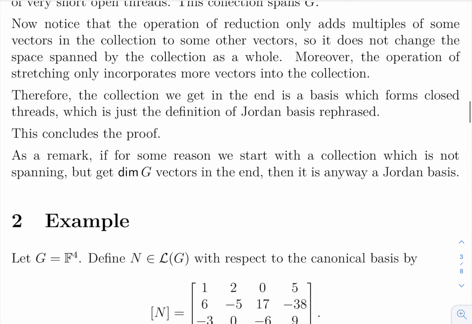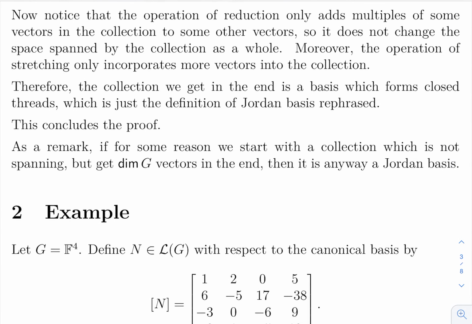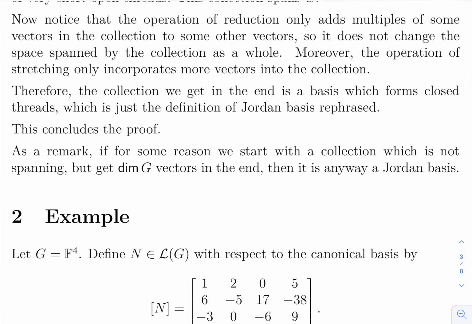And now, just to conclude, what is this operation of reduction? Reduction consists in adding multiples of some vectors in the collection to some other vectors. And we know that when we have a collection of vectors and we add multiples of other vectors to some vector, it doesn't change the subspace spanned by the entire collection.